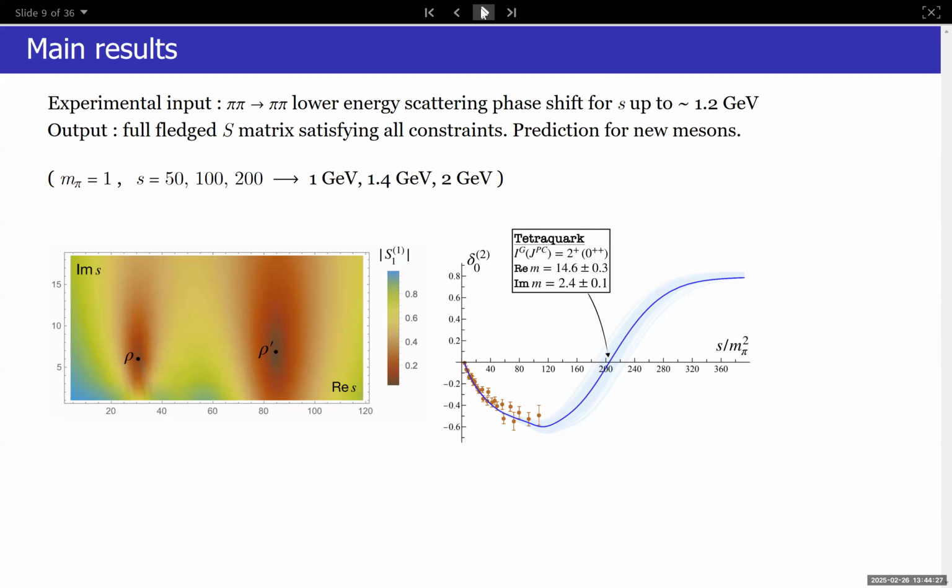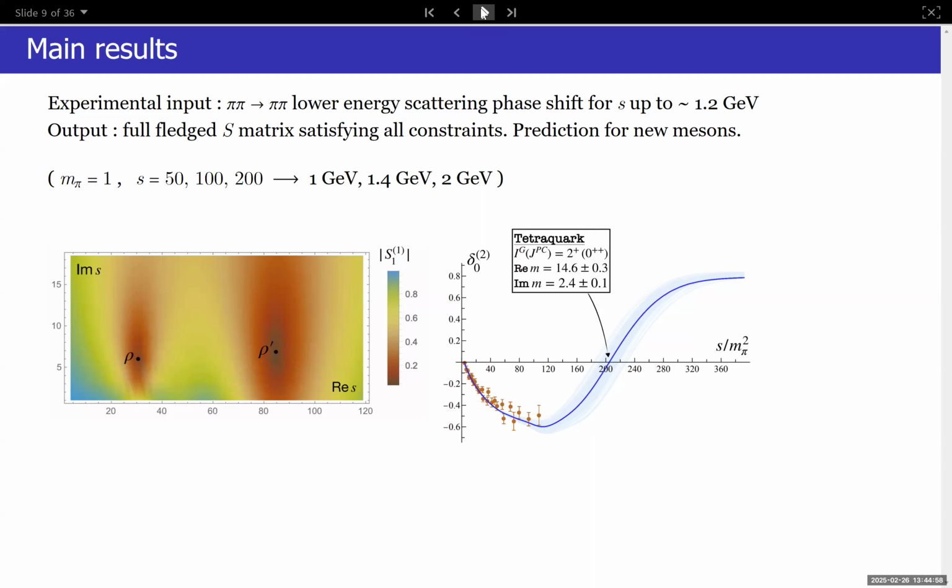But the blue line is our computation that satisfies all the theory constraints. If you just look at the low energy data, it's not obvious at all this phase shift should go up, but just out of our computation, it goes up. And the rule of thumb is that if this phase crosses 0, it should have a meson on the complex plane.